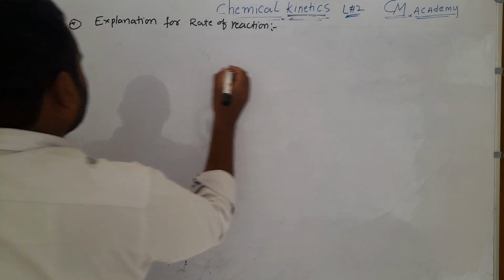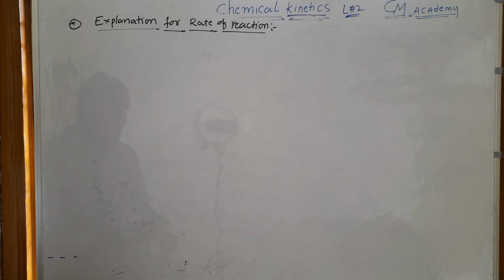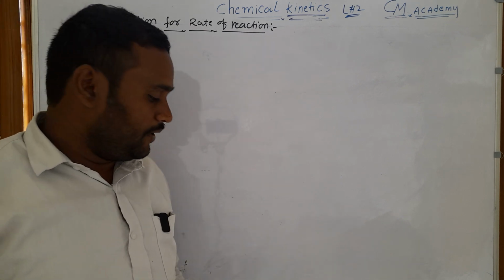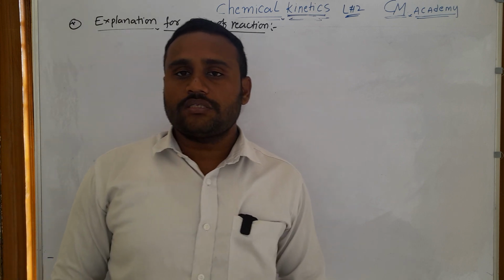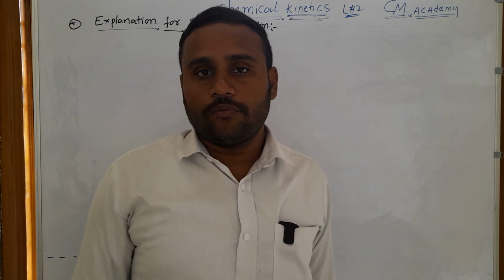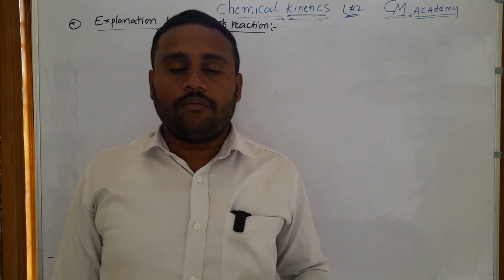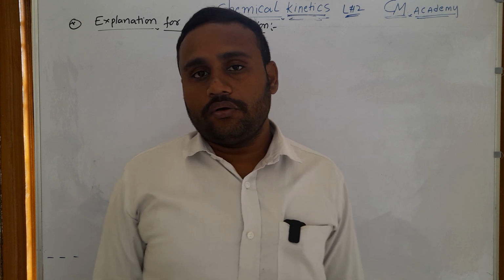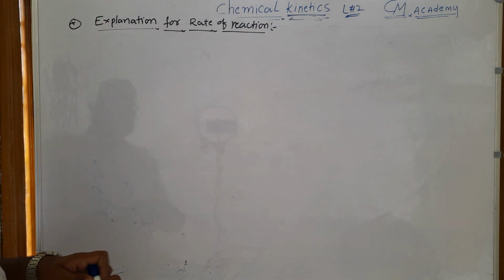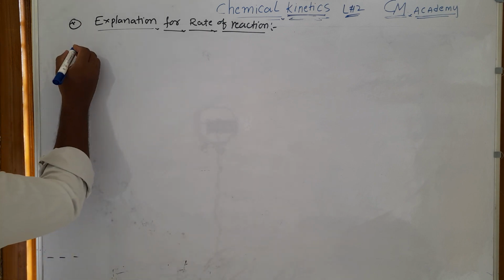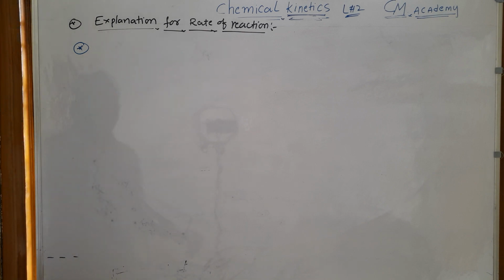We can explain the rate of reaction by using two theories. That means how the reaction is going to take place, how the reactant molecule is converted into product, and what processes happen before converting reactant into product. So we have two theories to explain the rate of reaction.